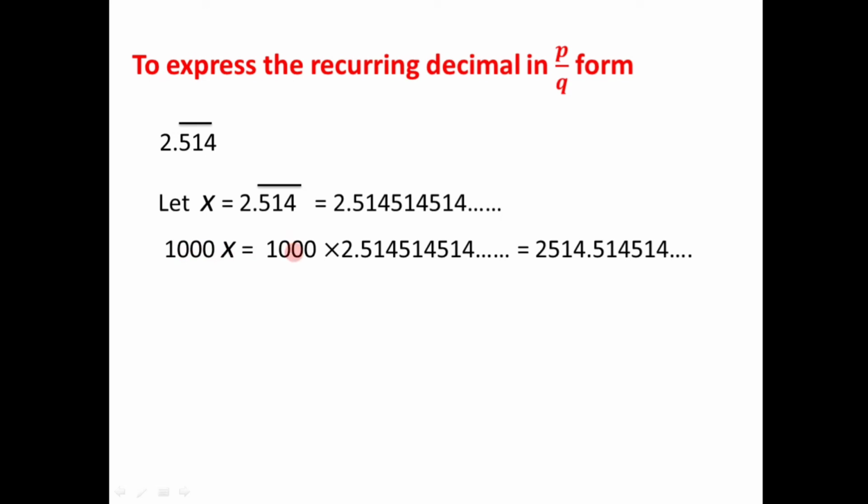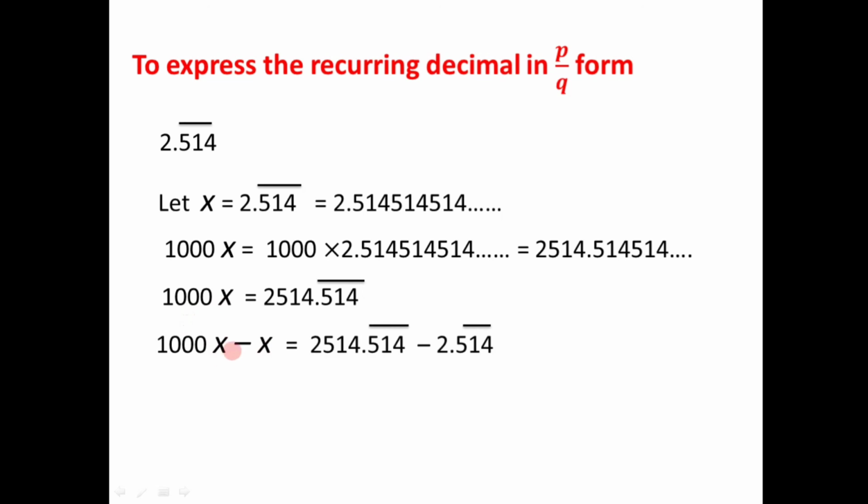That is equal to 1000 into 2.514514 recurring. Now this time on 1 we have 3 zeros. That's why we have to move the decimal 3 digits to the right so as to get 2514.514514 and so on. So we get 1000x is equal to 2514.514 recurring.